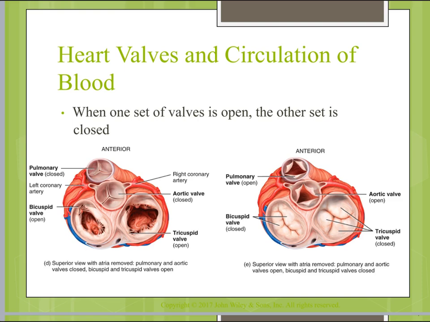And we can see that in this picture. In this first one here, you can see the tricuspid and the bicuspid are open and the semilunar valves are closed. And in this picture here, the semilunar valves are open and the AV valves are closed.